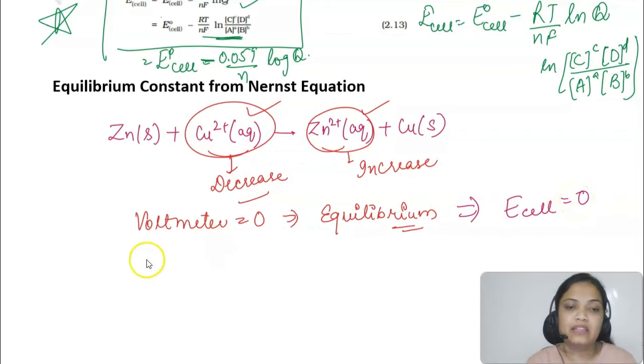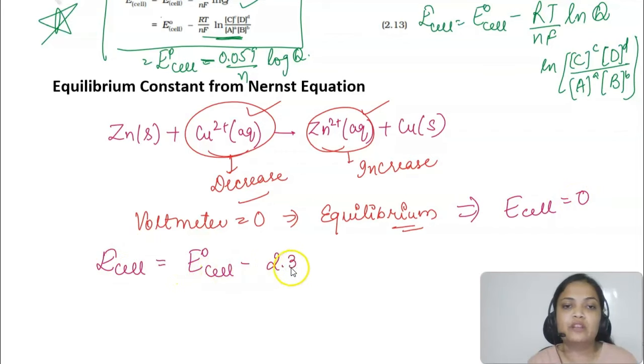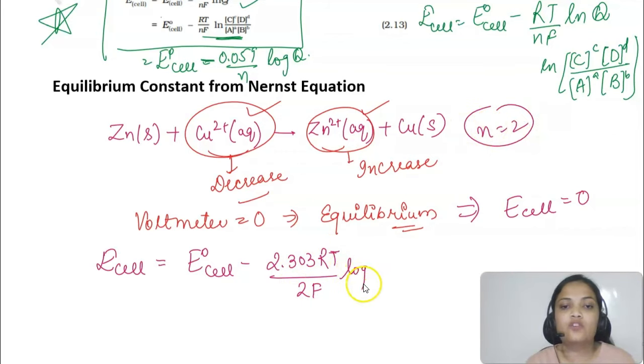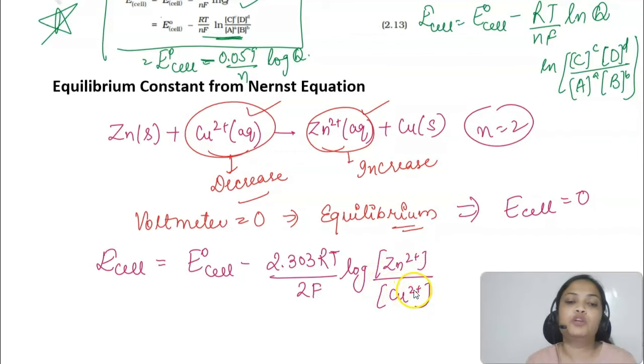Now let's apply the Nernst equation. So E cell is E naught cell minus 2.303 RT, I am writing in log to the base 10, upon nF. For this, n is equal to 2, so I am writing here 2. Then the log of the concentration of zinc 2 plus ions divided by the concentration of copper 2 plus ions.